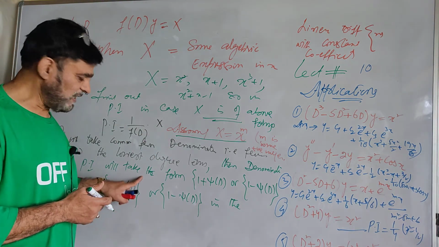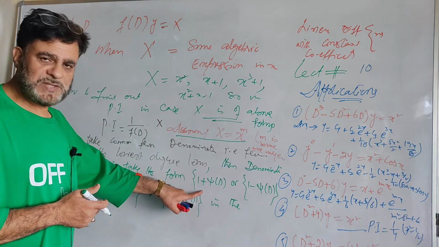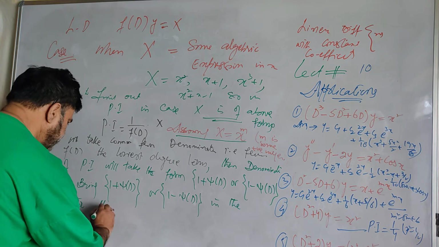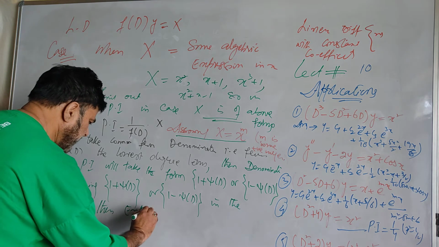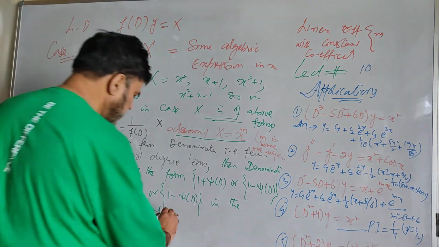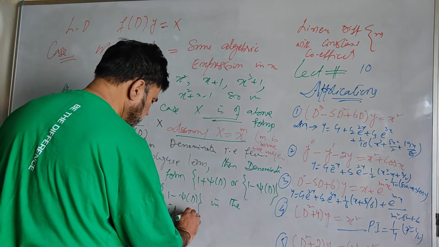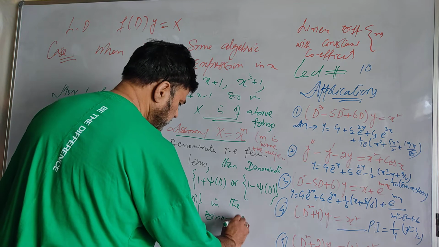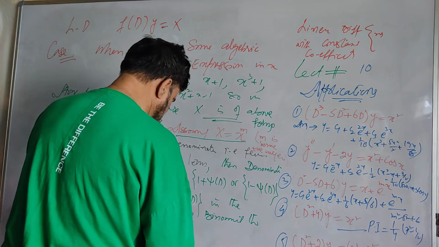If it is this form, in the numerator it will be minus 1. Then we expand it by the binomial theorem. We apply the binomial theorem.